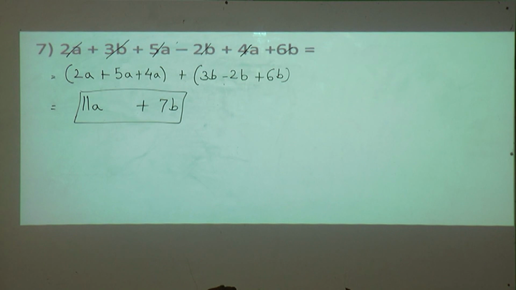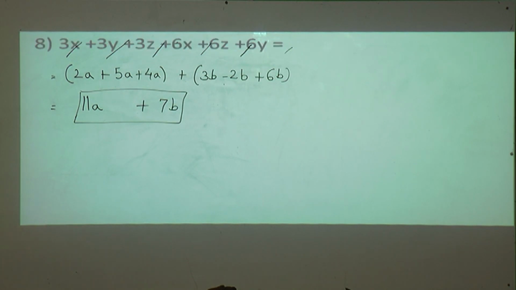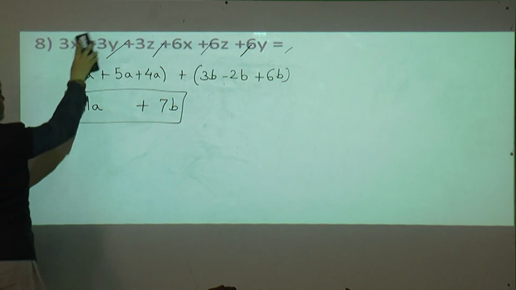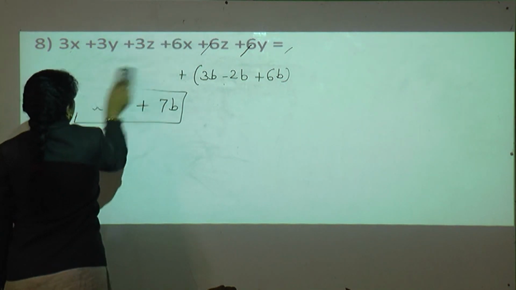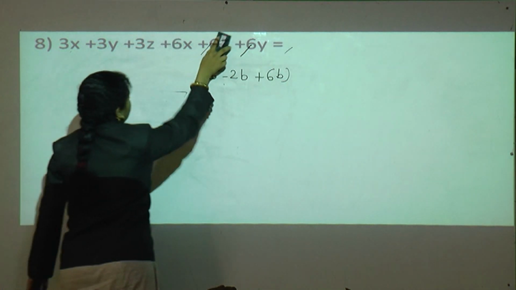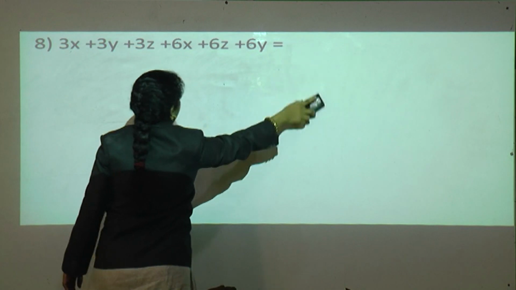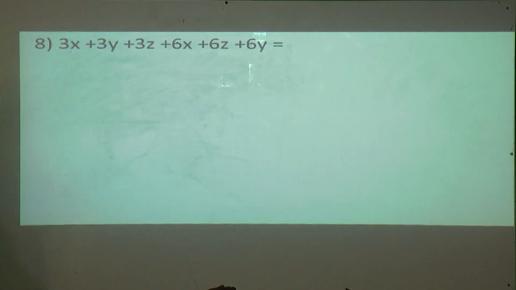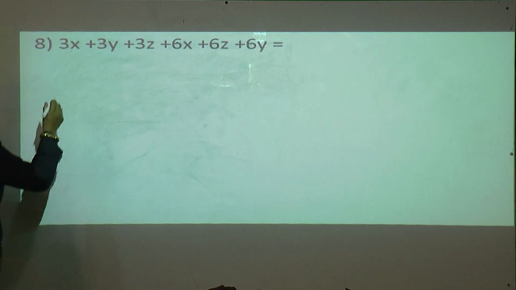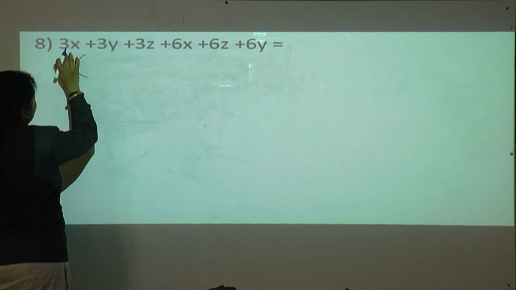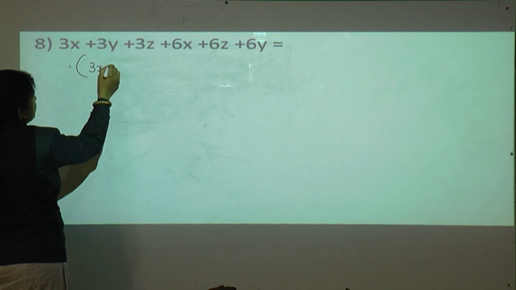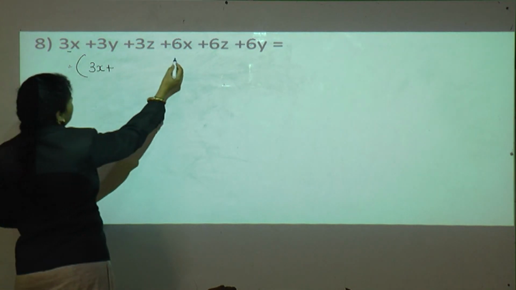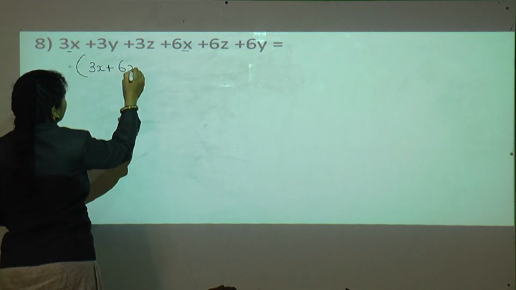Now next one, 3x plus 3y plus 3z plus 6x plus 6z plus 6y. Here 3x, again 6x.